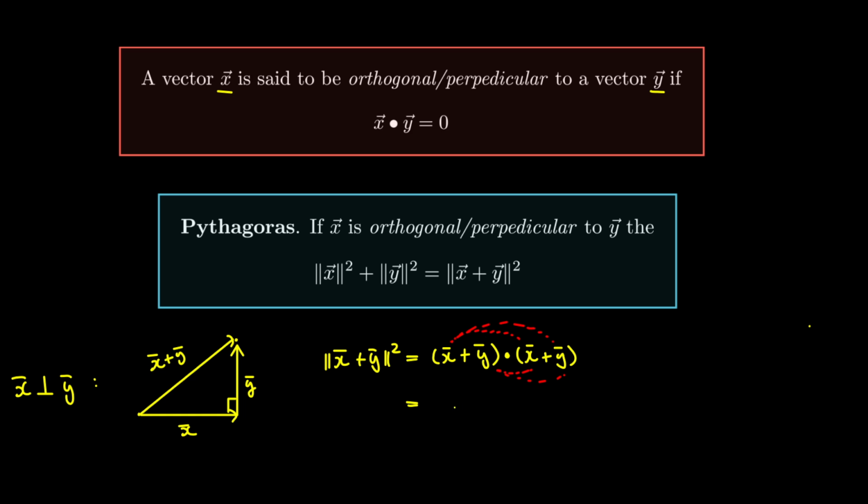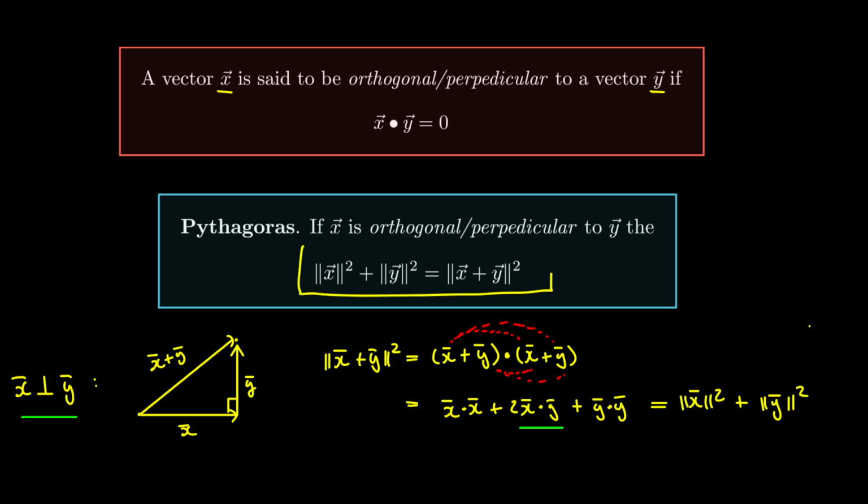We're just going to get x dot x plus 2x dot y plus y dot y. And this is just equal to x squared, just again by what we said. And then the whole point of the perpendicularity assumption is just that this is going to fall away. The x dot y here will be 0, and so that will allow us to make that term fall away, and so we're just left with the formula that we're interested in, which is this one here. And so we've just proved this formula.